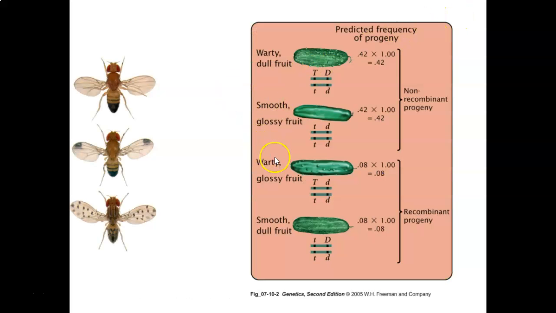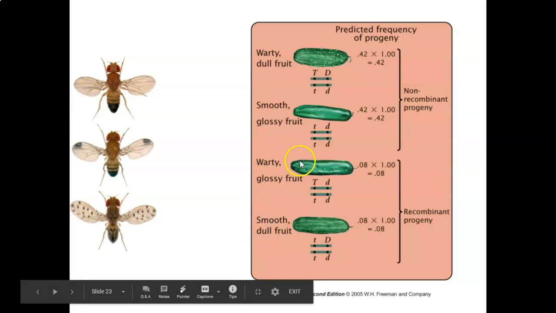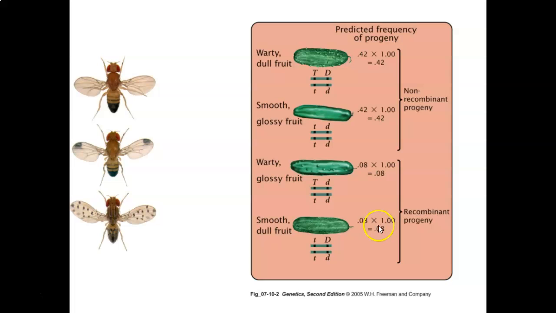Your recombinants are the mashup of those, so warty and glossy and smooth and dull. So these are your recombinants, and in this case, we got 0.08% for your recombinants. If you add them all together, it's 16%. So it's all the same math, it's just a visual representation of what I was talking about.